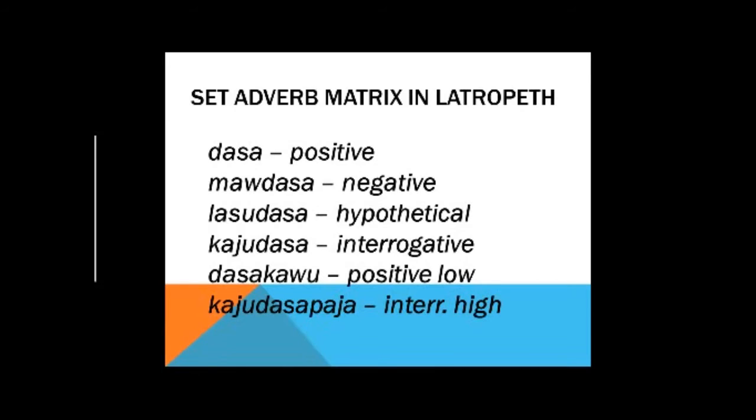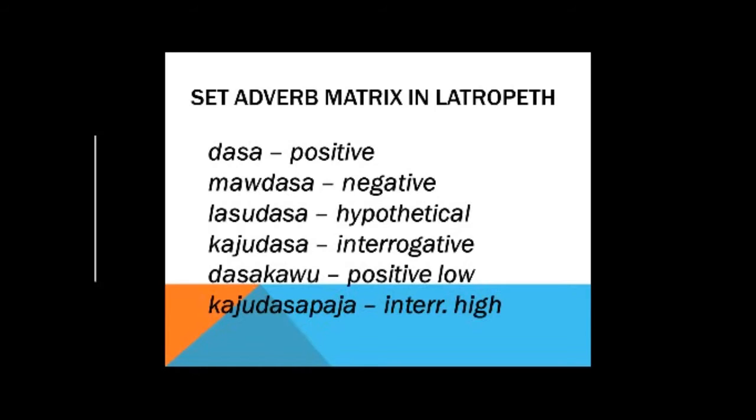So mau dasa is negative. It essentially means cannot. Lasu dasa is hypothetical, something that's more hypothetical. Then you have kayu dasa, which is an interrogative when you're asking a question. Then you have daso kawu. Now kawu by itself means small.